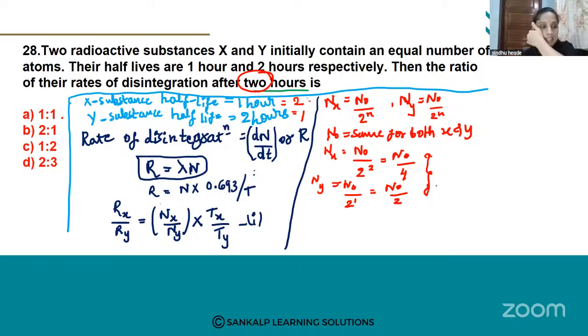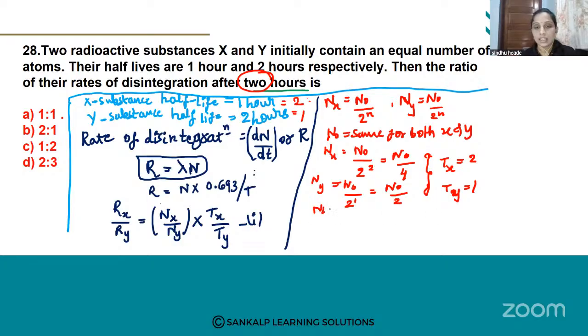What are the Tx and Ty values? Here Tx is 2 and Ty is 1. Okay. Now substitute all these Nx, Ny, Tx, Ty in your equation 1.